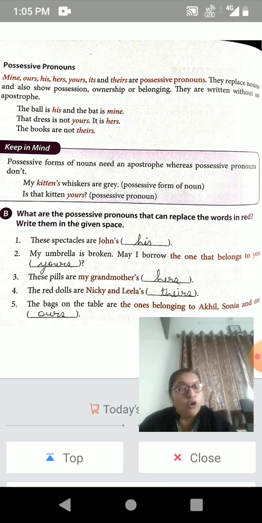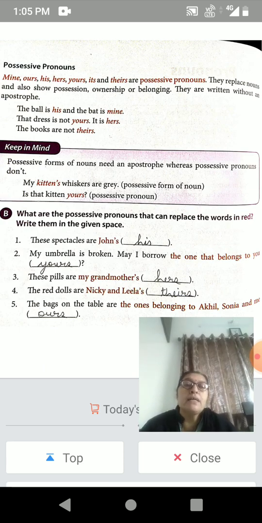Is that kitten yours? Here yours is a pronoun. But in the first example they given kittens is a possessive form of noun. When they mention apostrophe, it's a possessive form of noun.